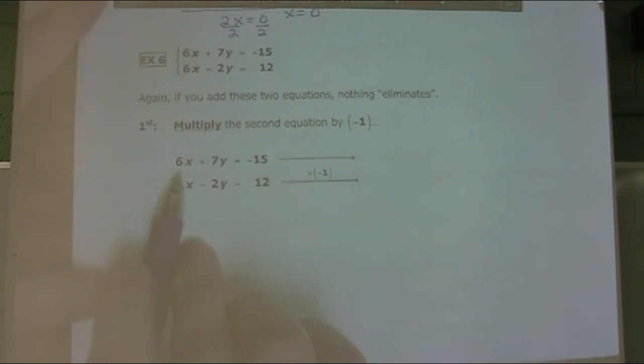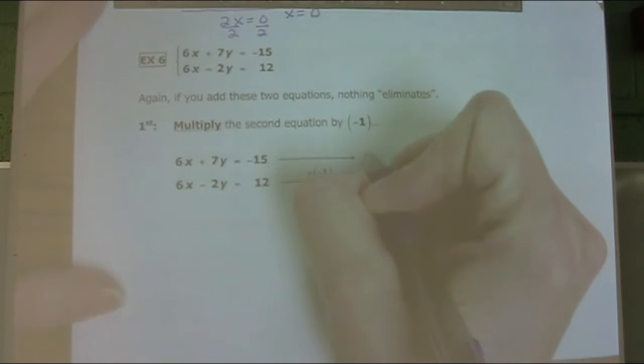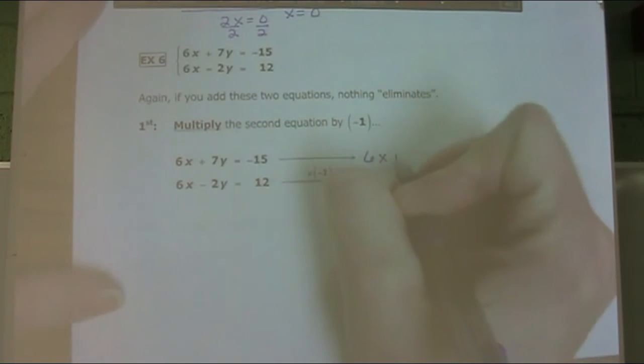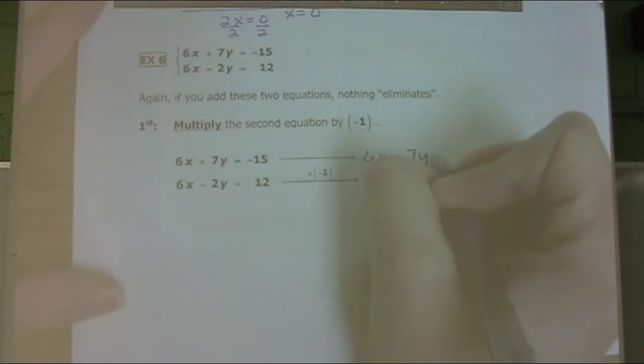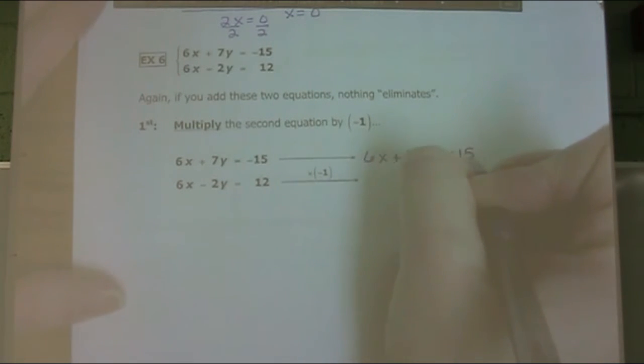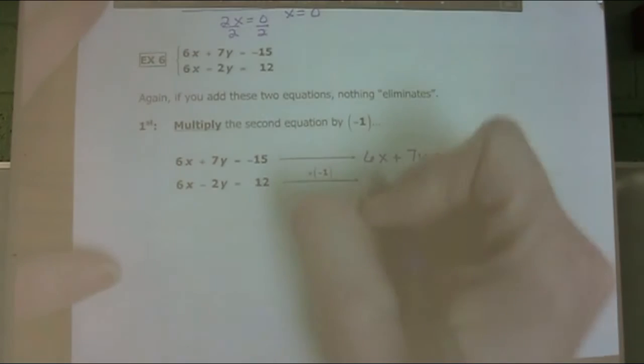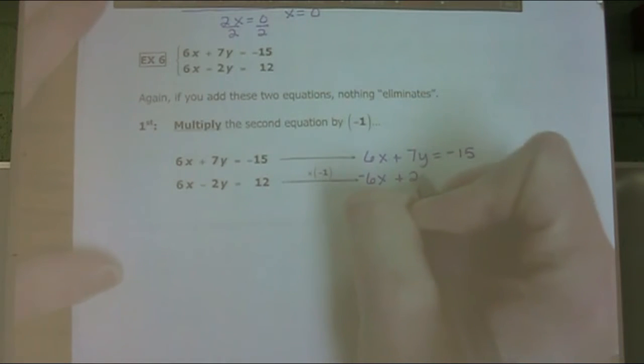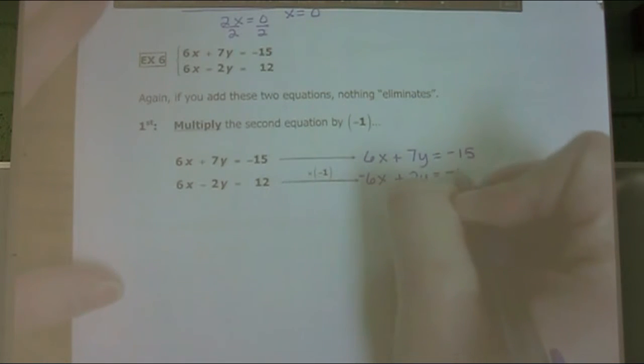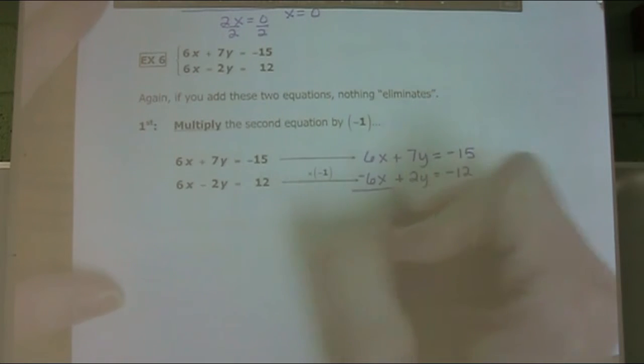So I chose the bottom one. My top equation just has an arrow, and I'm going to write it the same way it is. My bottom equation, I'm going to multiply all three parts by -1. So I have -6x, positive 2y, and -12. And now I'm going to add.